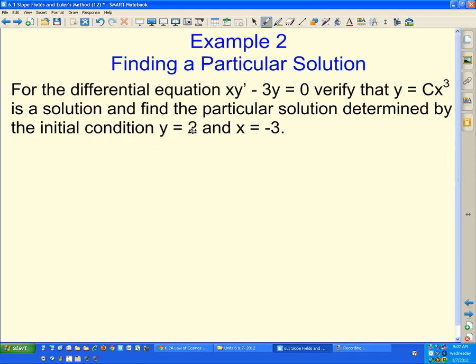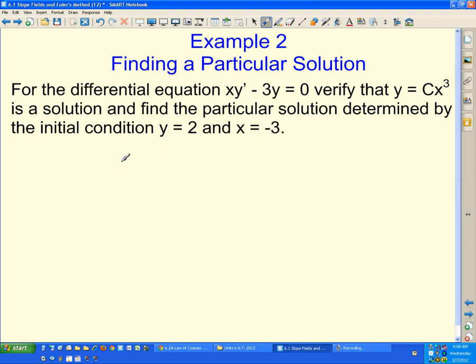So basically they're asking me to plug in y equals c x cubed, the derivative and the equation here, and do we end up getting 0? That would be the verifying part. Then they want me to find out what c is, which gives me a particular solution, and that would be what we're looking for.